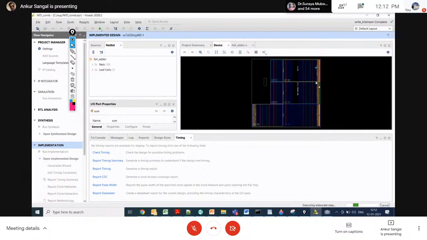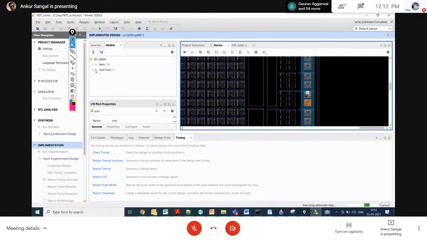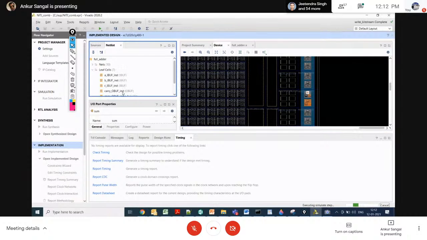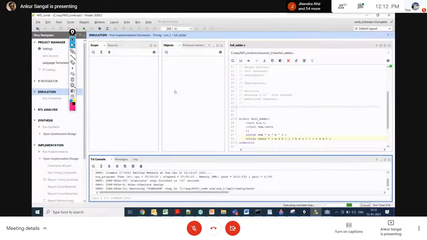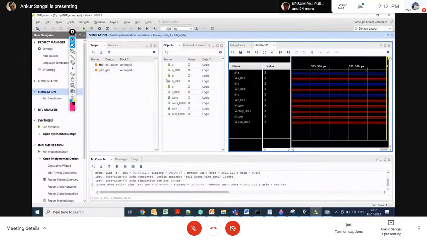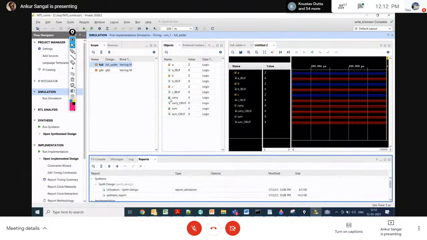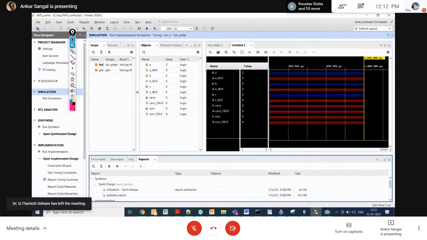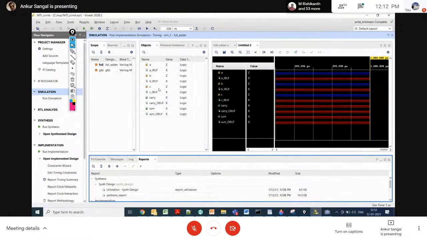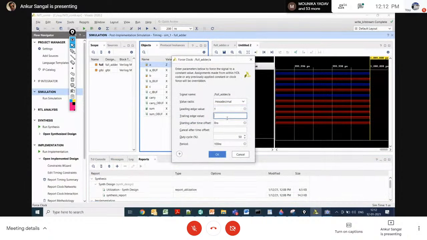Or if you want to see the physical location, like which cell is selected, I'll show you later. First of all, I'll show you how to do the delay simulation. You can see this is your ABC, this is your input. In a similar manner, you can add more signals.